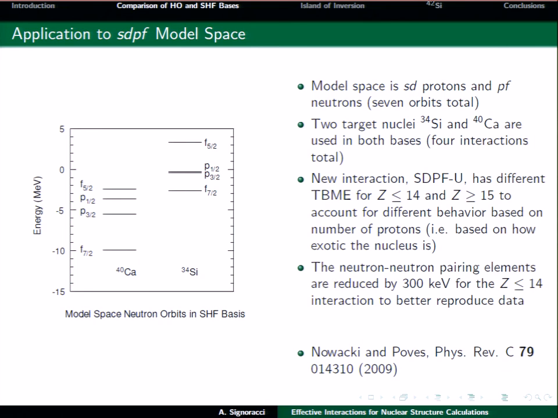So specifically, this new interaction called sdpfu has neutron-neutron pairing matrix elements which are reduced by 300 keV for Z less than or equal to 14 in order to better reproduce data. And so this is, for instance, for the silicon isotopes.